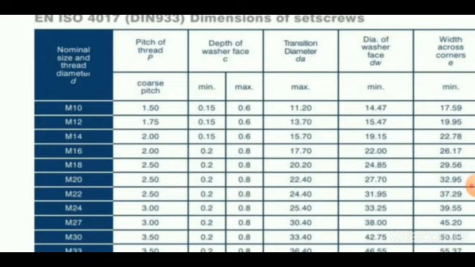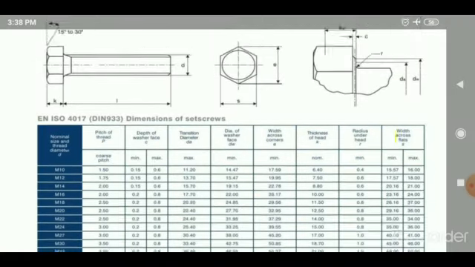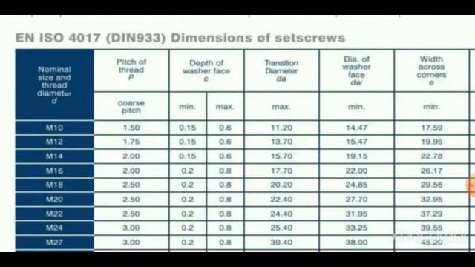Here in India we generally follow the German standard, so we use the capital letter M, which represents metric, and in inches we use the British standard. So these two standards we use, and generally the manufacturer gives the bolt nominal size as M10 or M12.